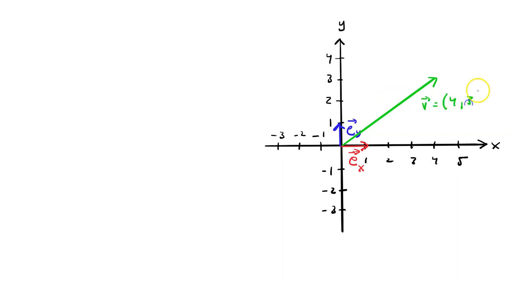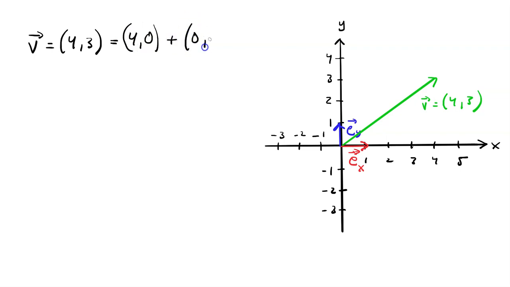So we have that V is equal to (4, 3). But (4, 3) we can write, if you want, as (4, 0) plus (0, 3). You split them up like this. And this we can write as 4 times (1, 0). And this we can write as 3 times (0, 1).